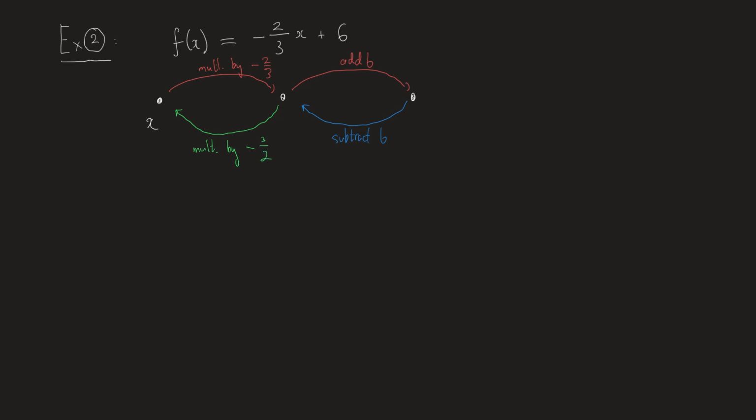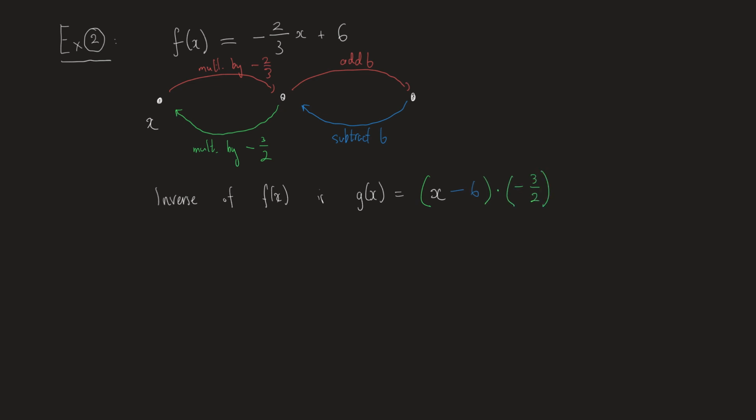So if we wrap all this up, let's just record that the inverse of f of x is g of x equals, well, let's see what's happening. This function g, the inverse, is going to start off with its input value. It's going to subtract 6, and then it will multiply the result by negative 3/2.